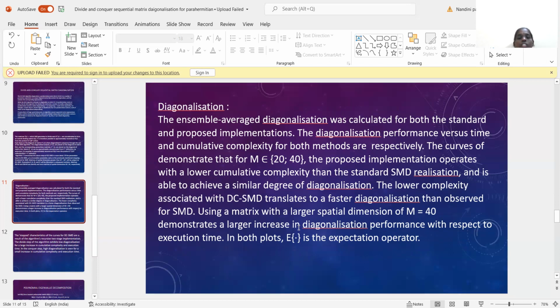The lower complexity associated with the DC-SMD translates to a faster diagonalization than observed for SMD. Using a matrix with a large spatial dimension of M equals 40 demonstrates a large increase in diagonalization performance with respect to execution time.